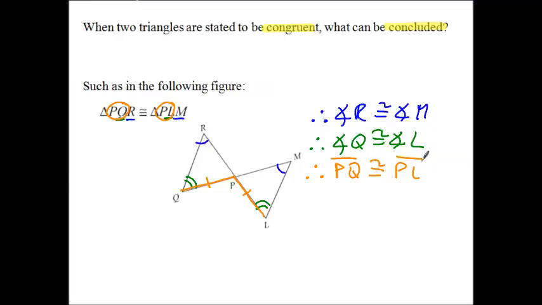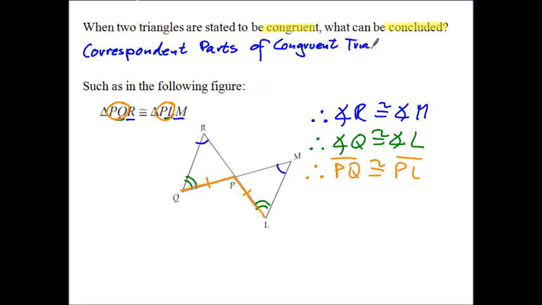Basically, all angles that are in corresponding positions have to be congruent, and the same goes for all the sides. In other words, corresponding parts of congruent triangles are congruent.